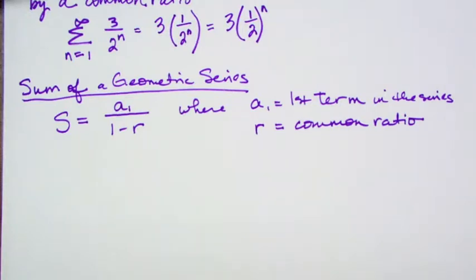Okay, so if your common ratio is less than 1, say it's a half, you're going to keep cutting everything in half, right? So you're going to get this value. The next value is going to be that one cut in half. The value after that is going to be the previous one cut in half, right? And as long as that ratio is less than 1, then you're going to eventually get to 0, okay?